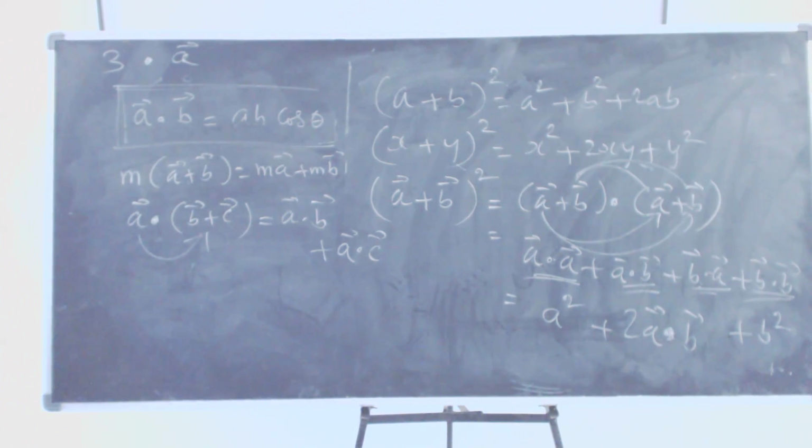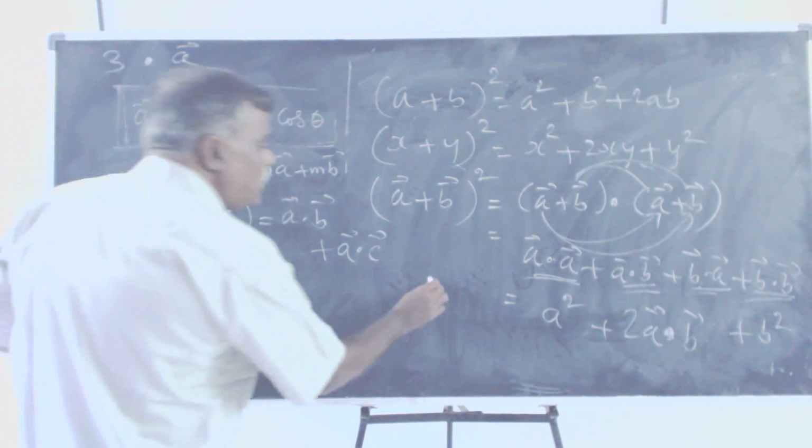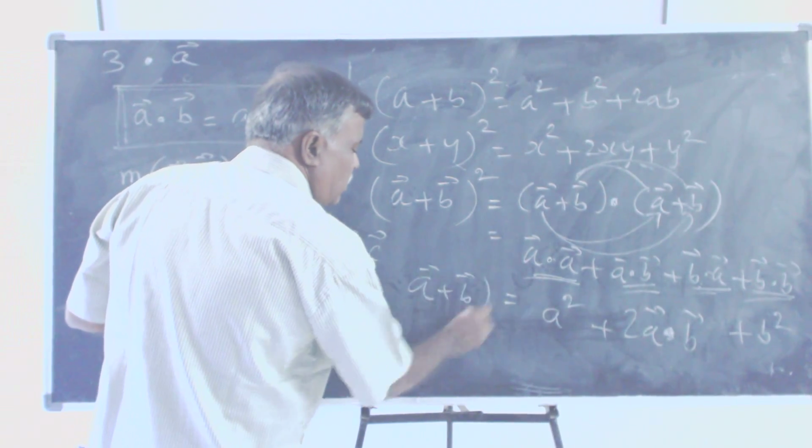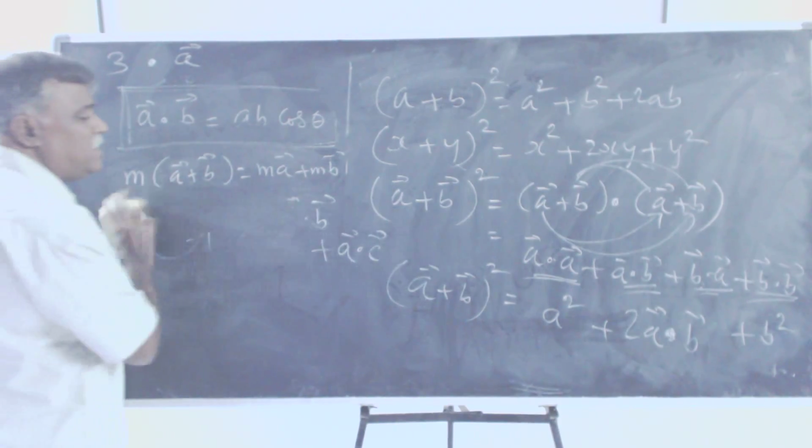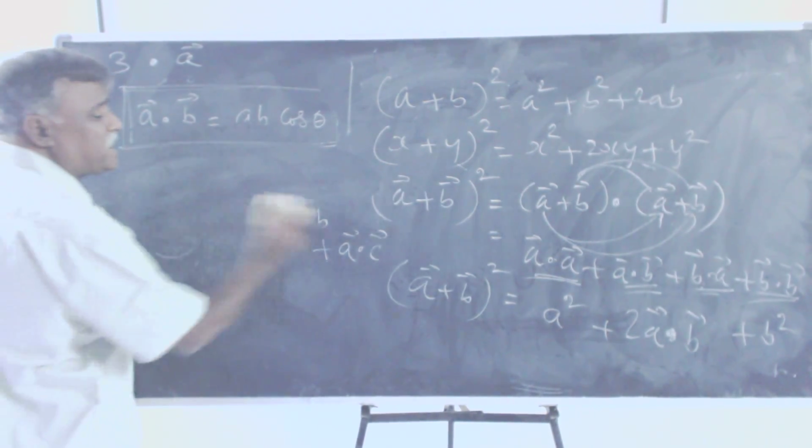What is the difference between the algebraic formula and this one? In algebra 2AB, here 2A dot B. So A plus B whole square equals A square plus 2A dot B plus B square. Similarly, what is A vector minus B vector the whole square?